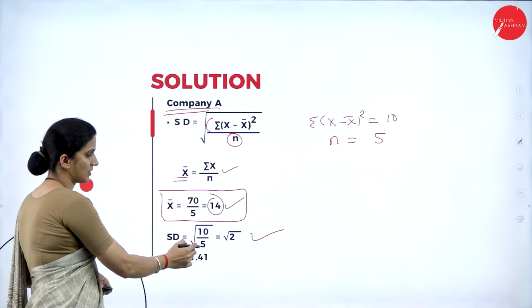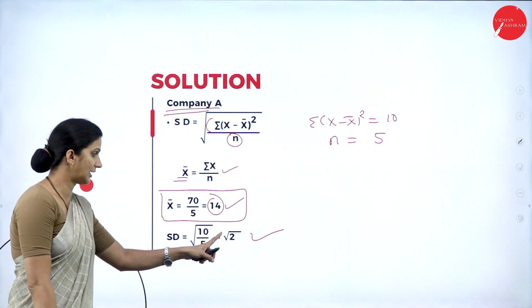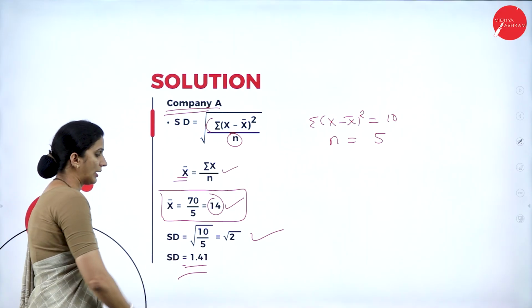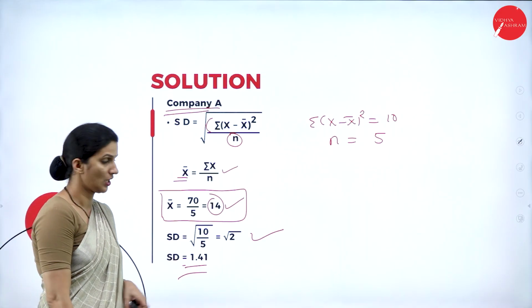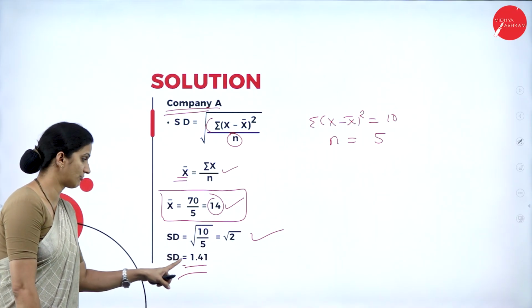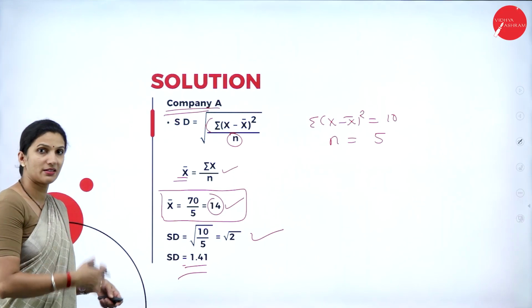So 10 divided by 5, the value is root of 2. If you take the root value of 2, the standard deviation we'll get is 1.41. So now we got the standard deviation.